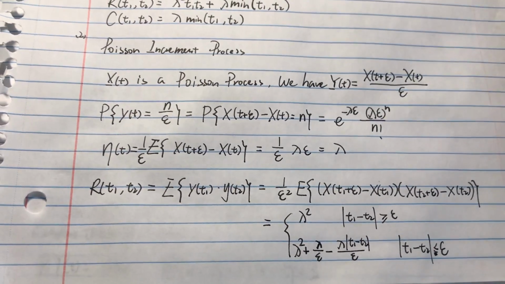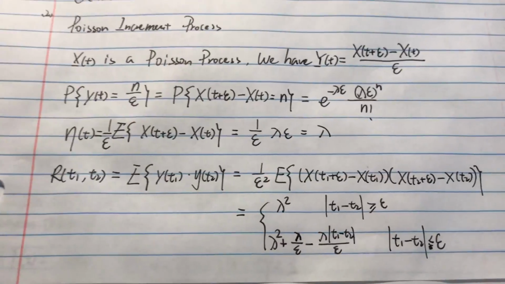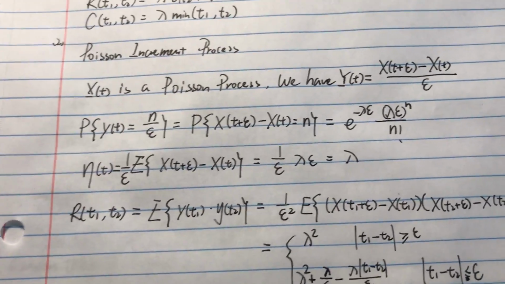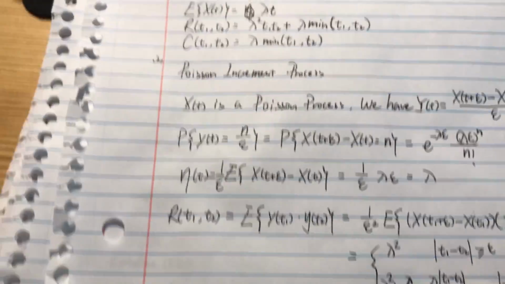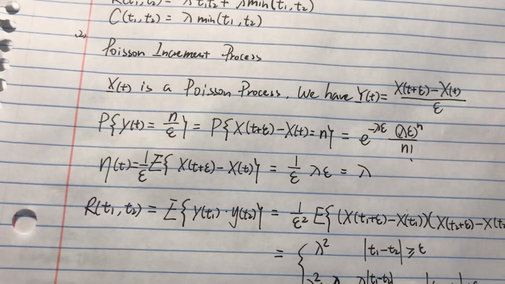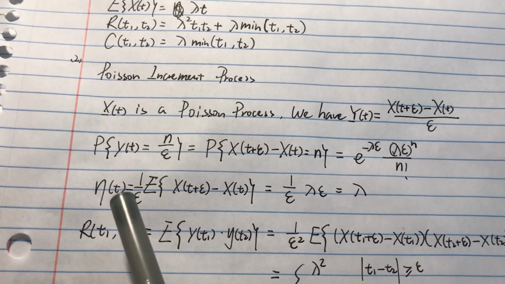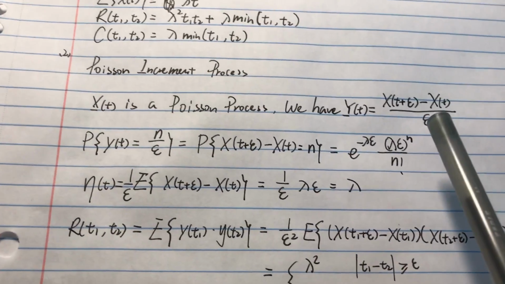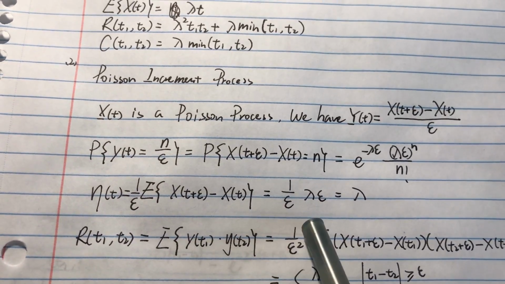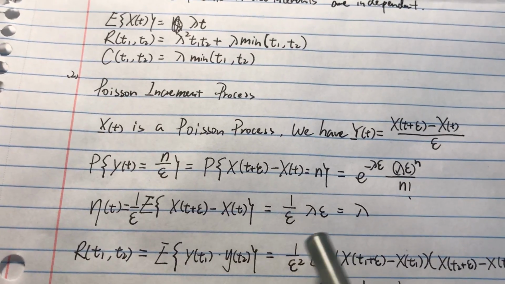The expected value of this process, after dividing by epsilon, is lambda.